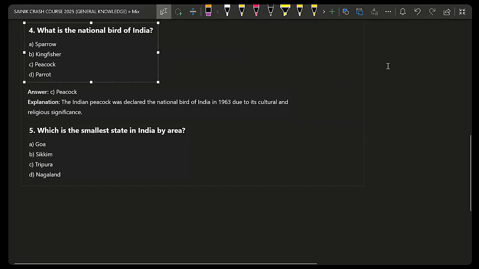Option C, Tripura. And option D, Nagaland. Answer this.